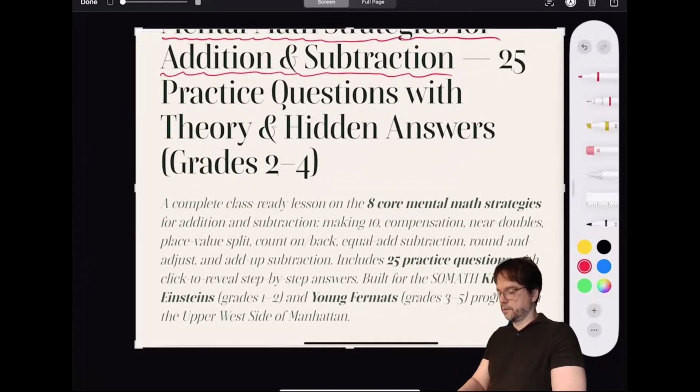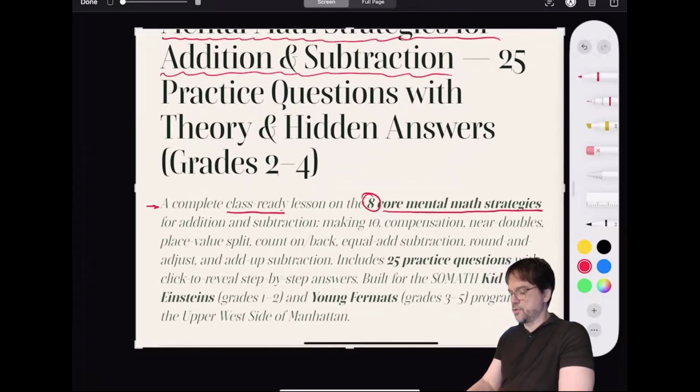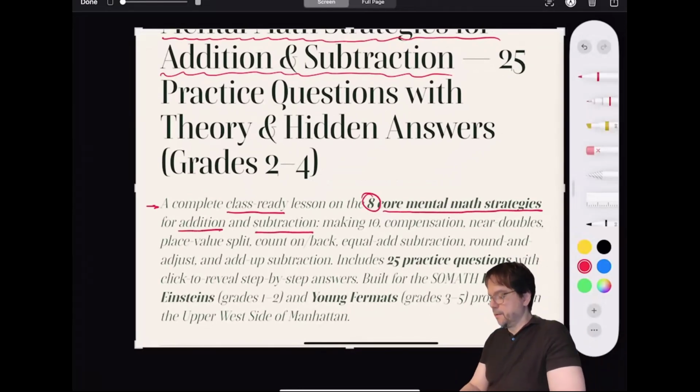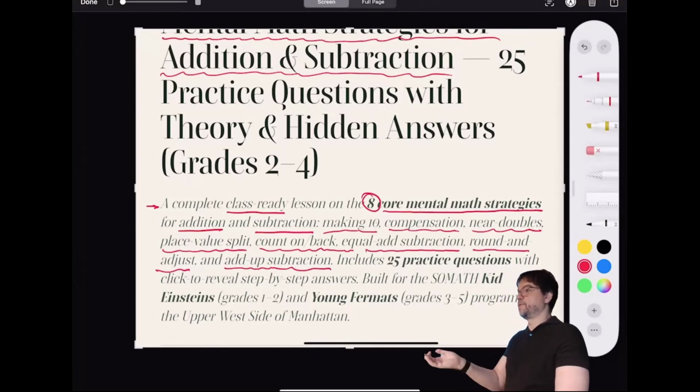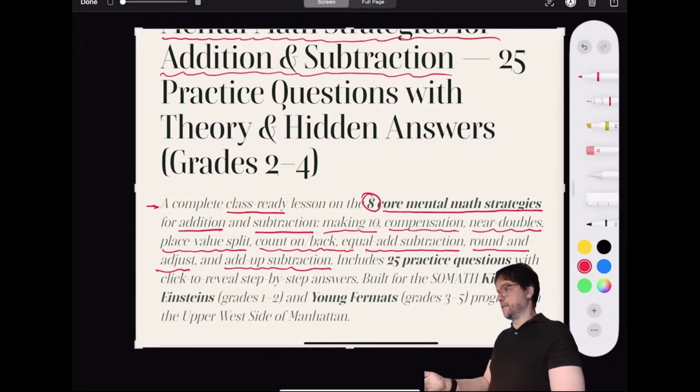A complete class-ready lesson for 8 core mental math strategies for addition and subtraction: making tens, compensation, near doubles, place value split, count on back, equal add subtraction, round and adjust, and add up subtraction. We will see everything. You don't need to know the names. You just need to sense how it's done. Okay?